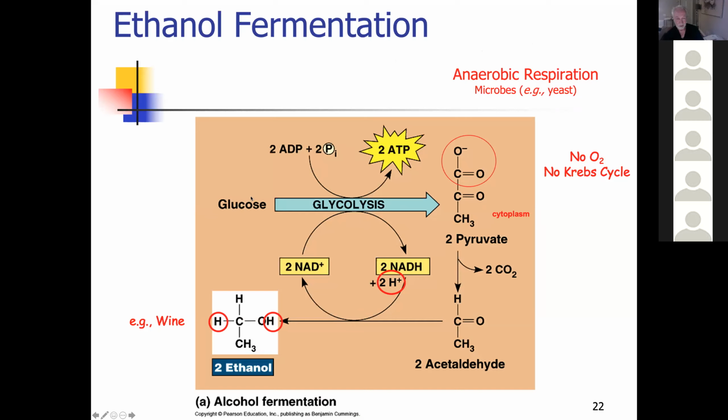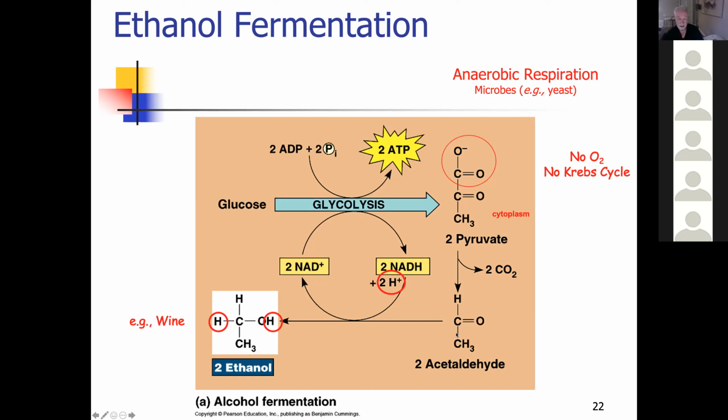So you have glucose here, glycolysis, you get 2 substrate level ATPs produced, and it makes pyruvate. And this is all going on in the cytoplasm. Pyruvate is converted to acetaldehyde with the production of 2 molecules of carbon dioxide.